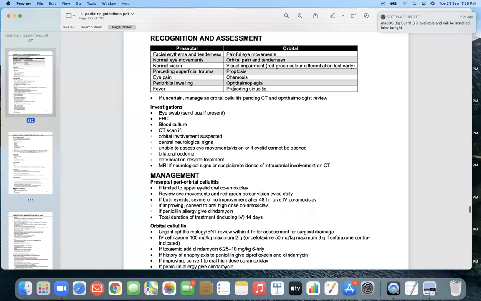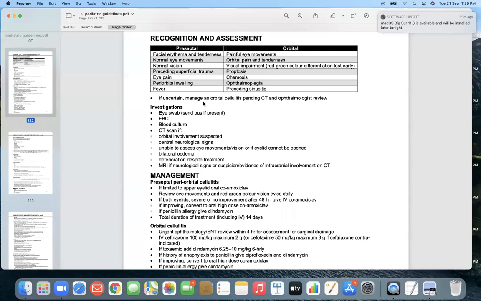That is why ENT examination and asking about the pain in the ear, nose, throat becomes important here. Okay. So again, we will concentrate on orbital: painful eye movements, orbital pain and tenderness, visual impairment, early loss of red and green color differentiation, proptosis, chemosis, ophthalmoplegia, and sinusitis.